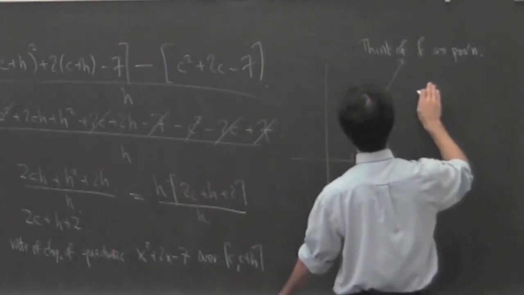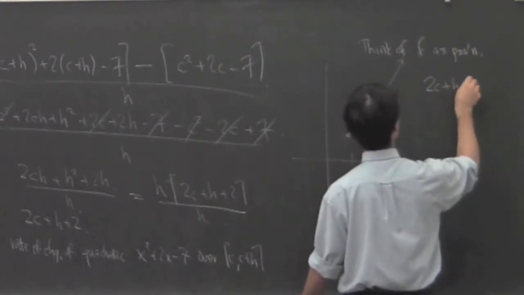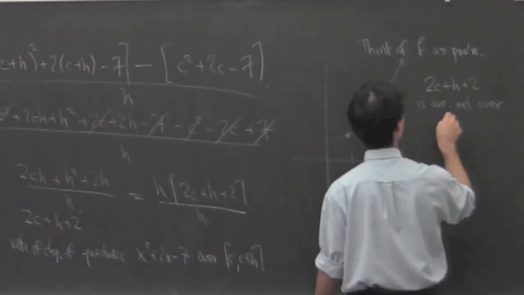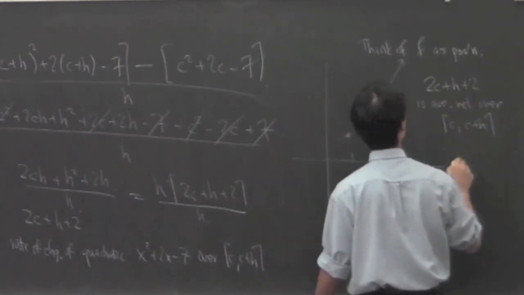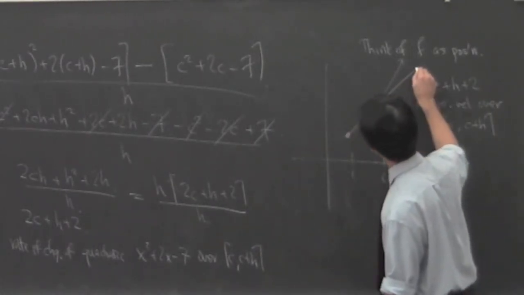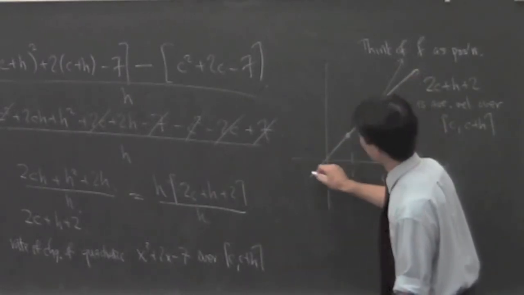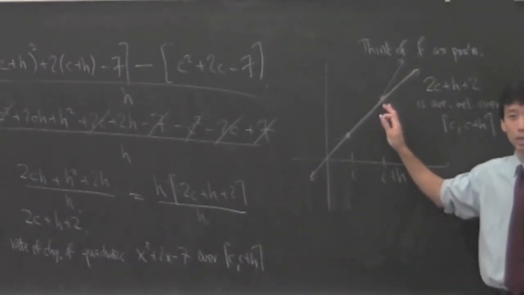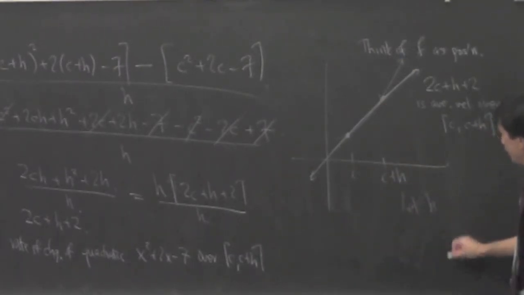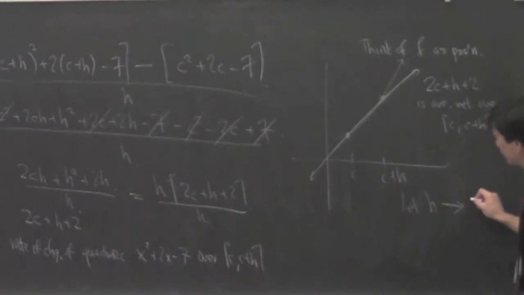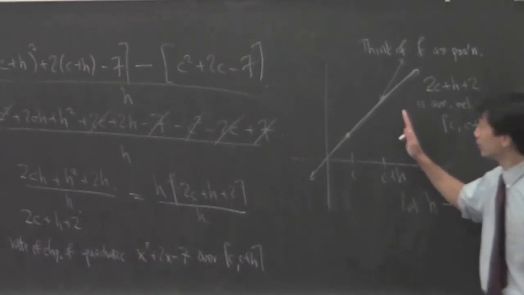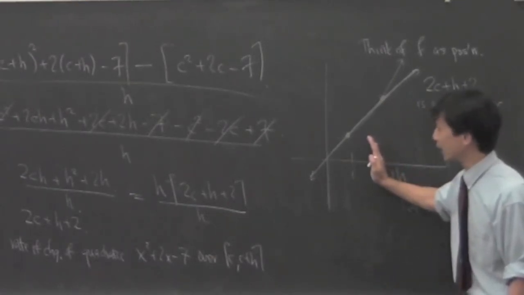So this 2C plus H plus 2 is the average velocity over C plus H. Or geometrically, it's the slope of this line. And then what one does in calculus is you let H become infinitely small. So you shrink your time interval.